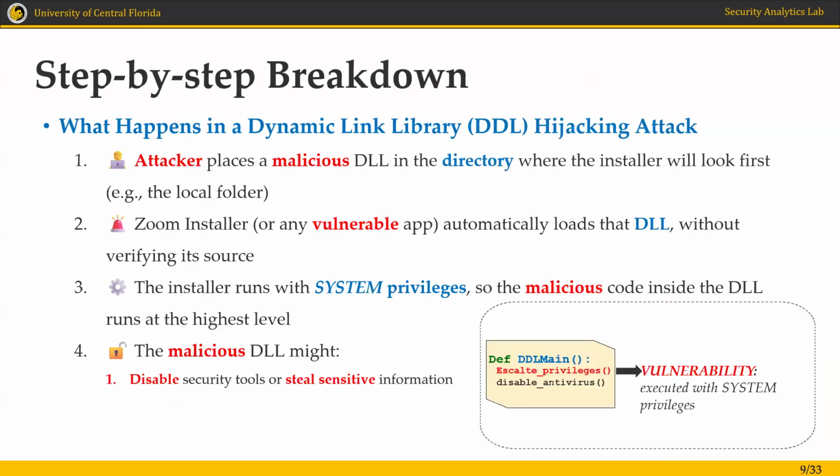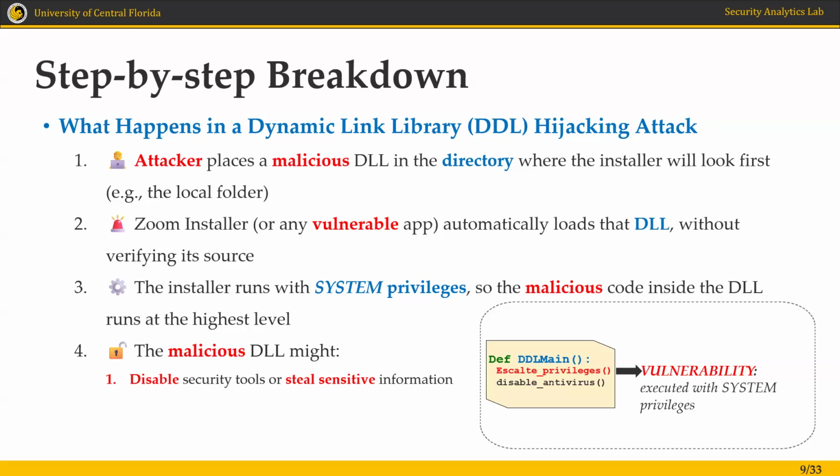Here's a step-by-step breakdown from an attacker's point of view. With a dynamic link library, or DLL, hijacking attack, the attacker tries to place malicious DLLs in the directory where the installer would look first, the local folder. So the Zoom installer, or any vulnerable app, automatically loads those DLLs without verifying the source.